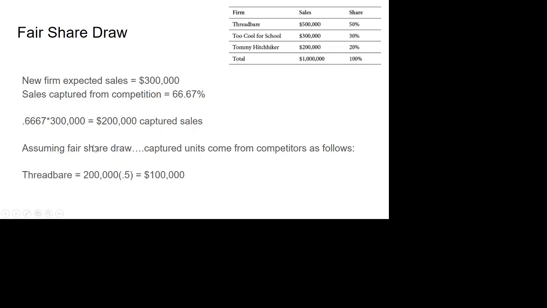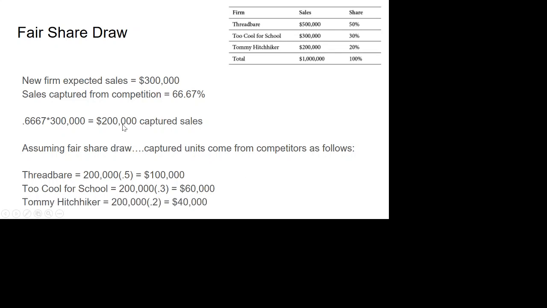Okay, you're going to capture $100,000 from Threadbare, so it's just basically the captured dollars times their market share. Too Cool for School, you're going to take the same captured dollars and multiply it by their market share.